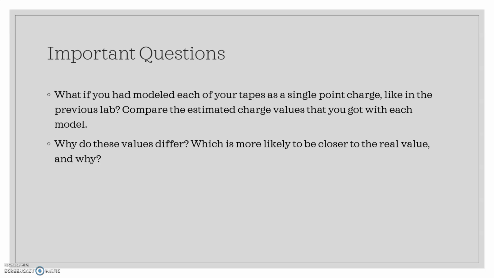This is really a whole series of charges distributed amongst that tape in 3D space. If you model it simply as a point charge, then of course you're just going to get different values. And that means that the actual line of point charges distributed here is far closer to accuracy.